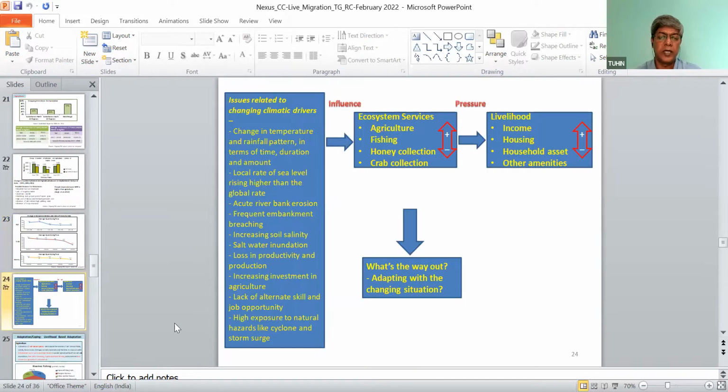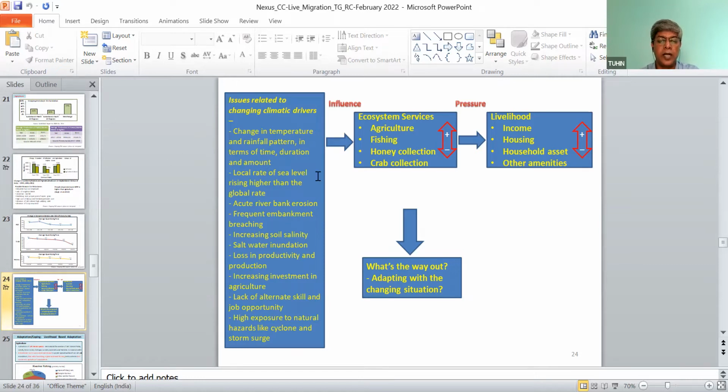So if we try to connect all these things, there are some issues regarding the changing climatic drivers. So change in temperature, sea level, and the riverbank erosion is there, frequent embankment breaching, increasing soil salinity, also the river water salinity, saltwater inundation, loss in the productivity and production, investment is increasing in the agriculture sector, lack of alternate skill and job opportunity, and high exposure to natural hazards like cyclone and storm surge.